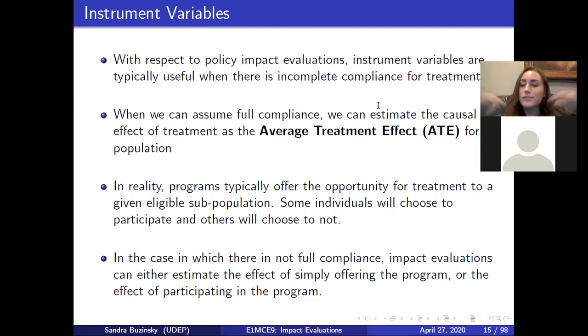That is called full compliance. Full compliance is when everyone who is supposed to be treated receives treatment, and everyone in the control does not.